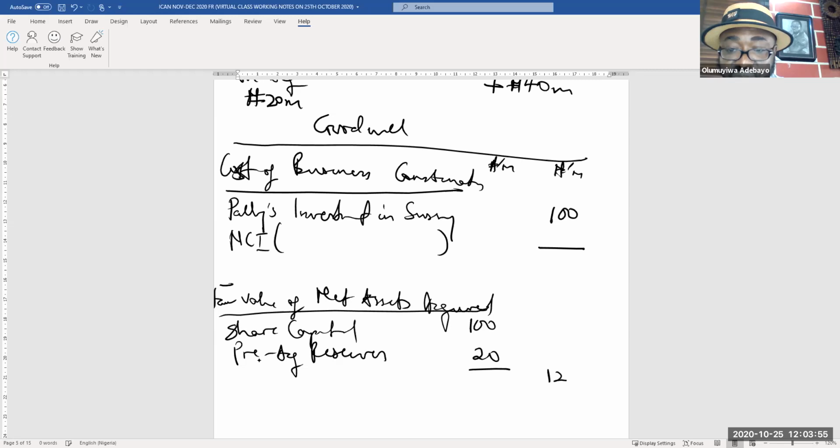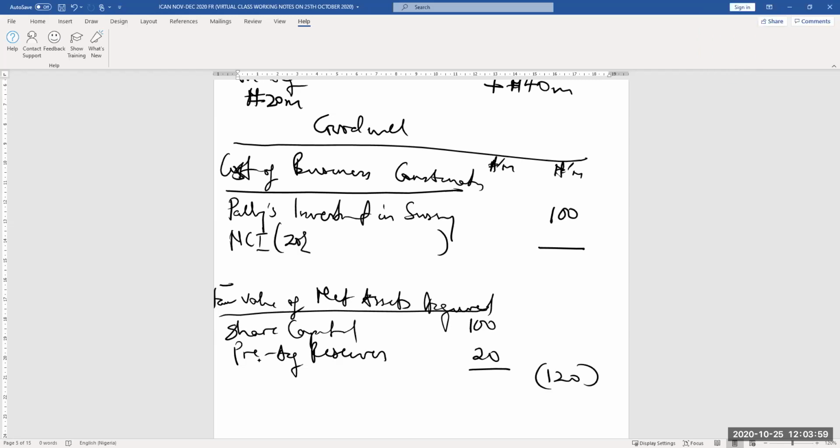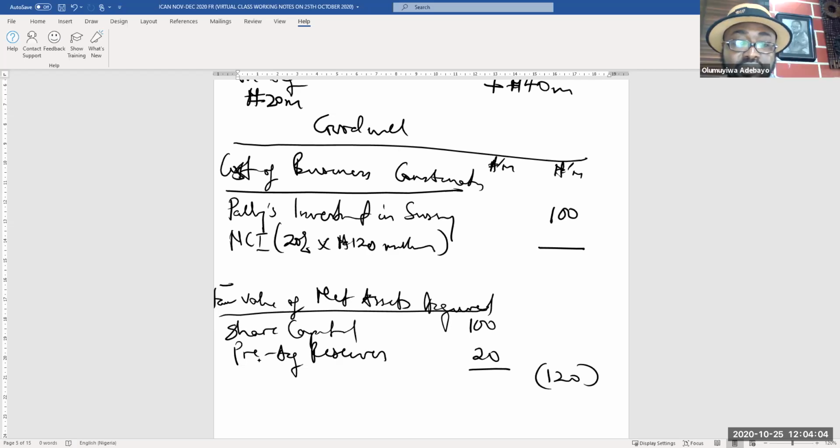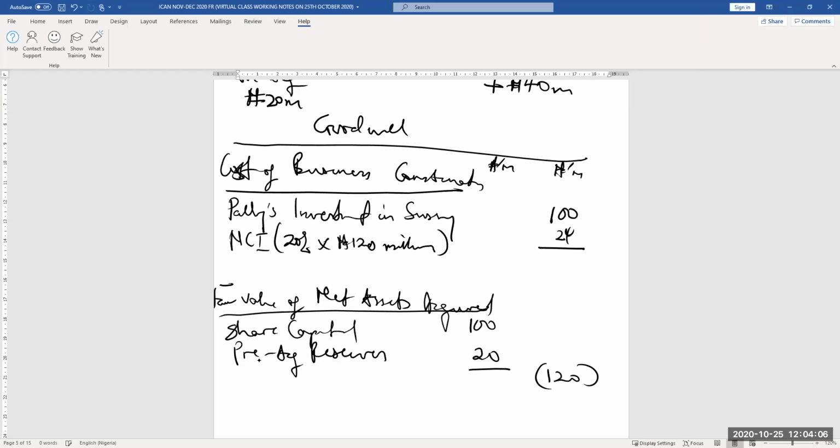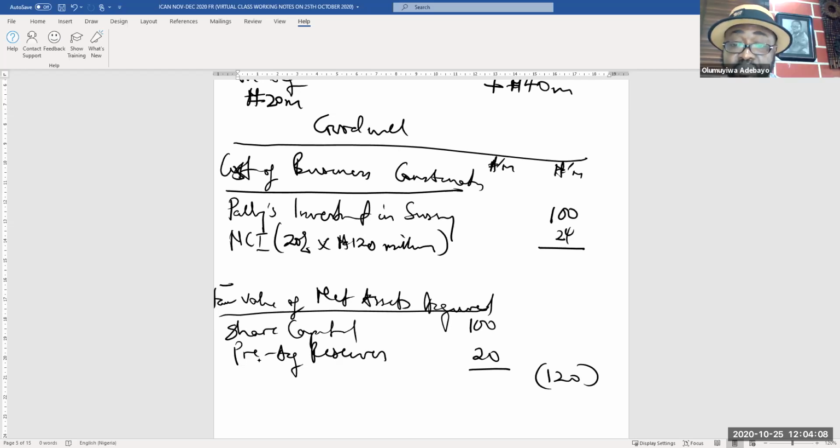That gives us 120. Therefore, NCI is 20% of 120 million. That is 24. Remember, we said the investment of the parent plus NCI, which is 124, compared with the net asset of the subsidiary, gives us a goodwill of 4.